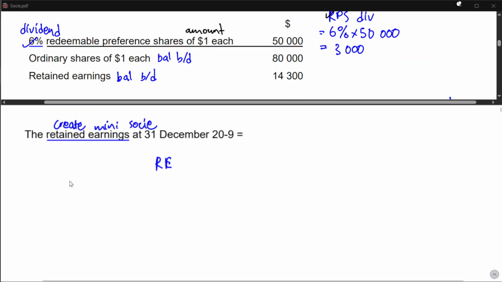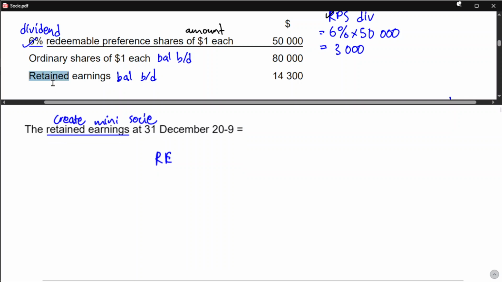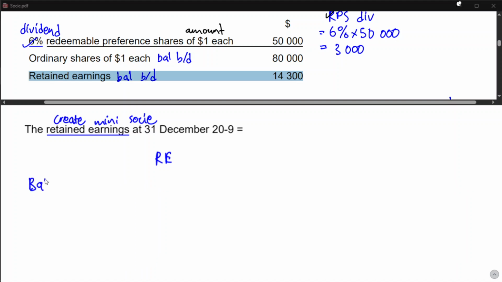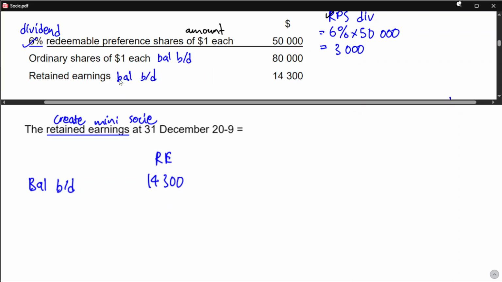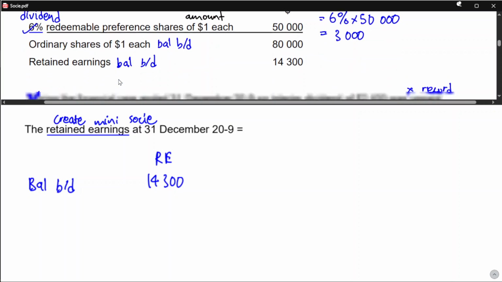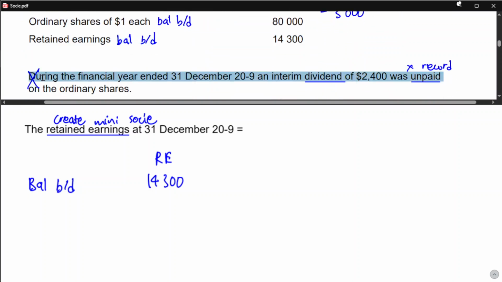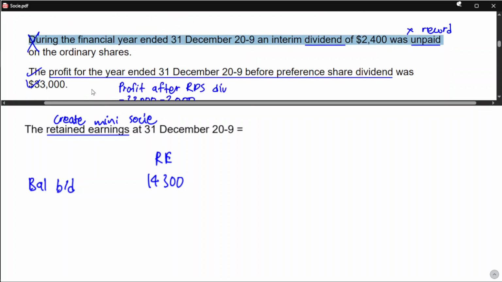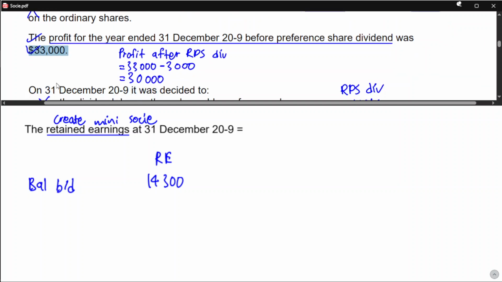The retained earning balance PD is this amount. Yeah, just write short form. Okay, continue. This one ignore. This one done already.